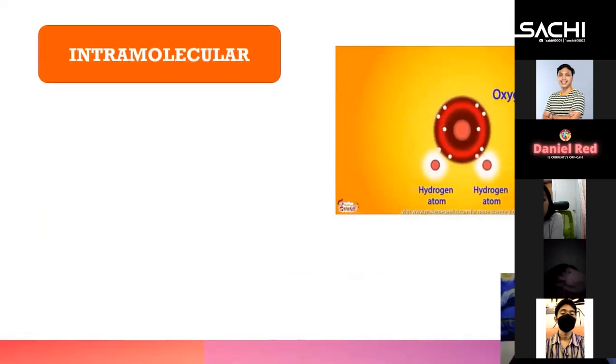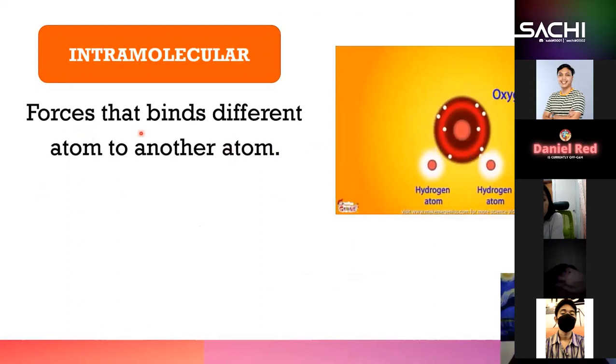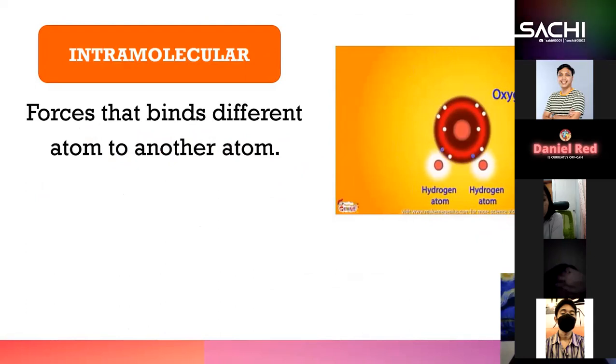So let's have first the intramolecular forces. Intramolecular forces are the forces that bind different atoms to another atom. If you will see on this illustration, this is an example of intramolecular forces. This chemical molecule is H2O or water, wherein because of intramolecular forces, hydrogen atoms are attracted to the oxygen atom.